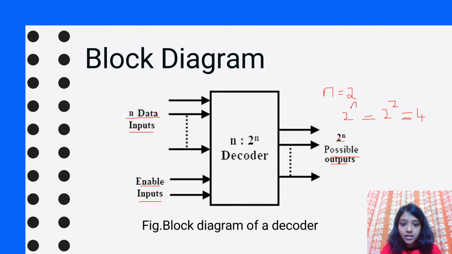So here n is equal to 2 and 2 power n is equal to 4. This figure shows the block diagram. The reason why it is called a block diagram is because we can't see the components that are inside it. Hence, it is known as a block diagram. So this is the basic block diagram of a decoder.